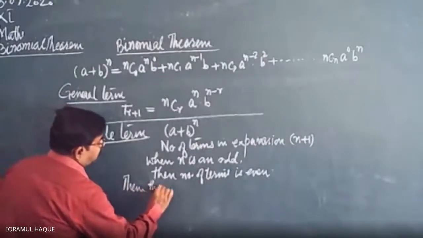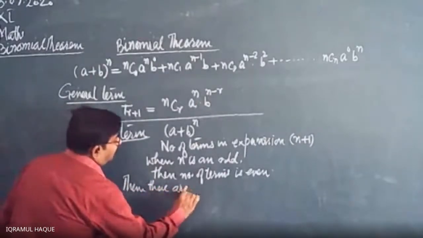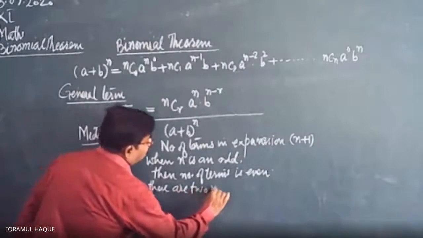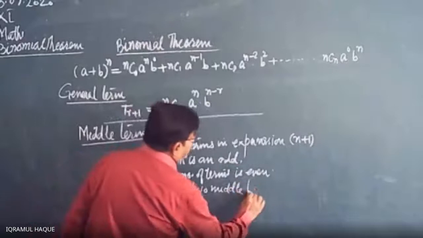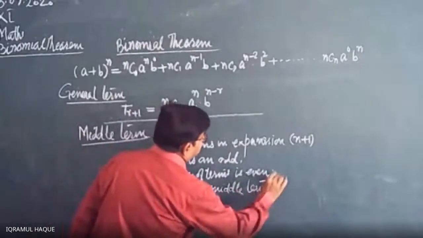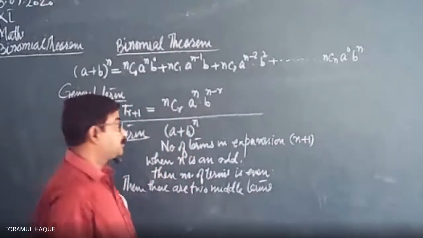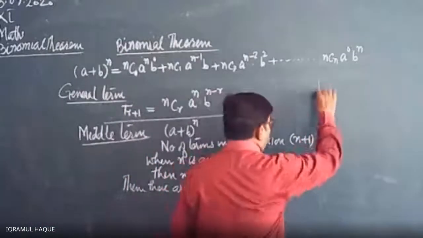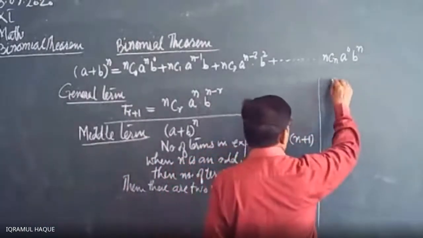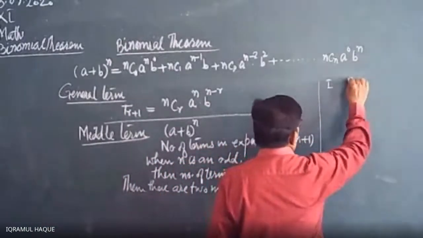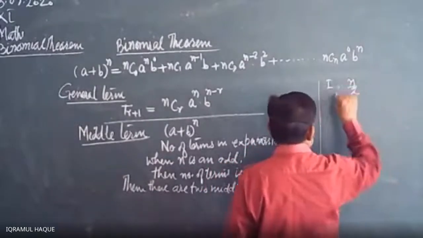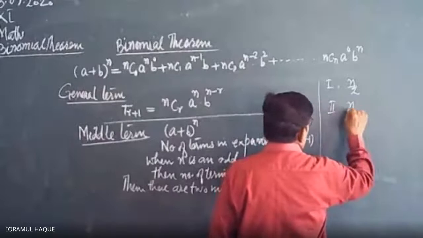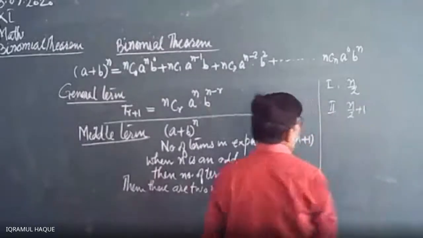How to find them? First, n by 2. Second, n by 2 plus 1.